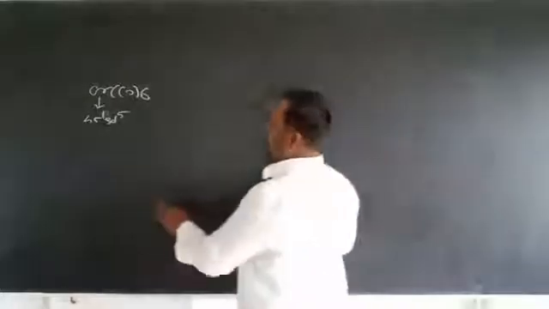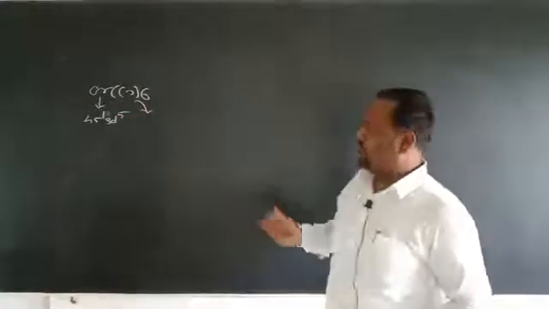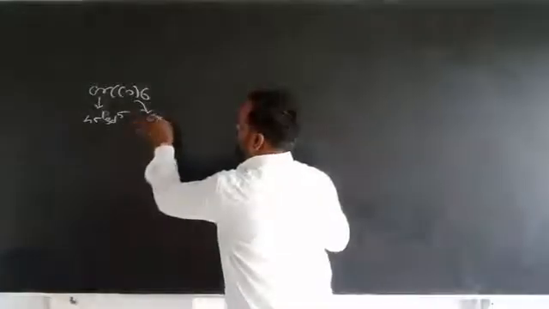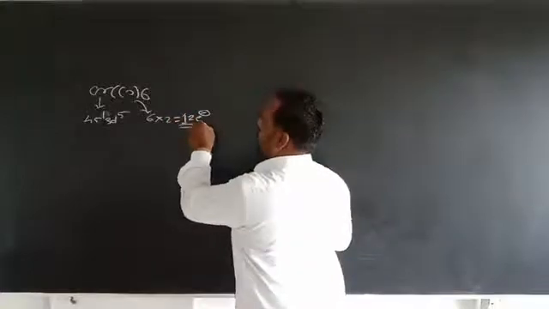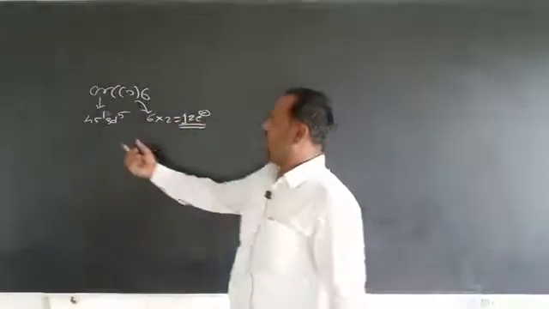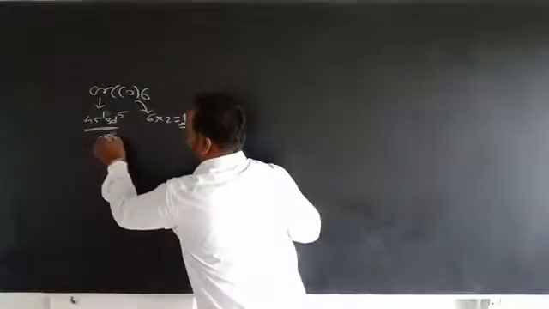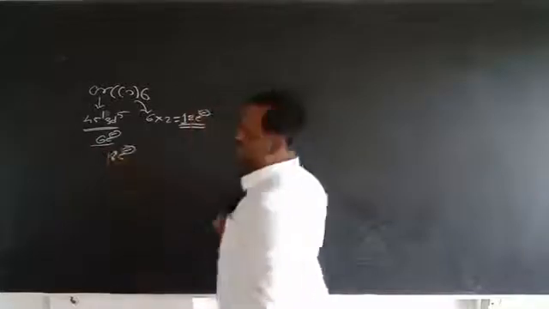Each carbonyl contributes 2 electrons, so 6 into 2, total 12 electrons from the ligands, and the metal atom has 6 electrons, so the total is 18 electrons. So this is an 18 electron species.